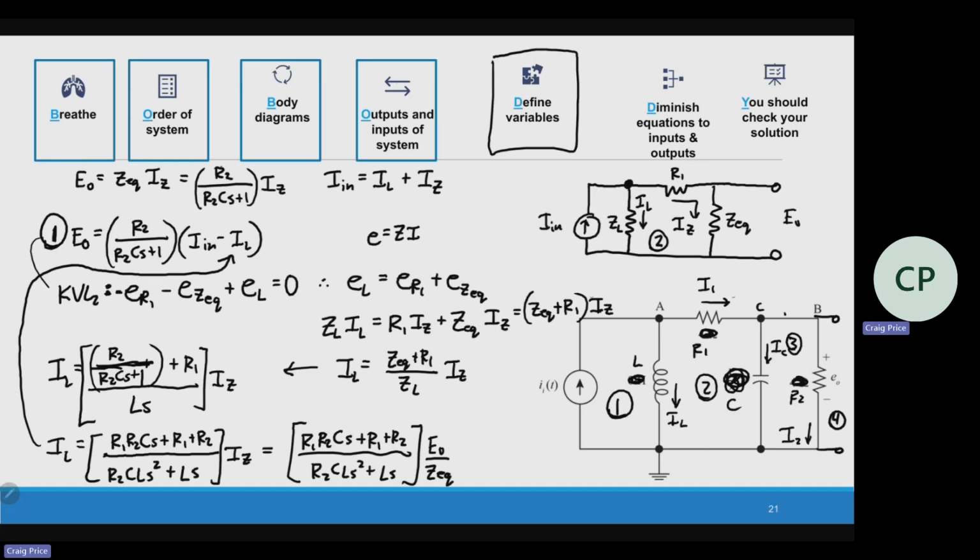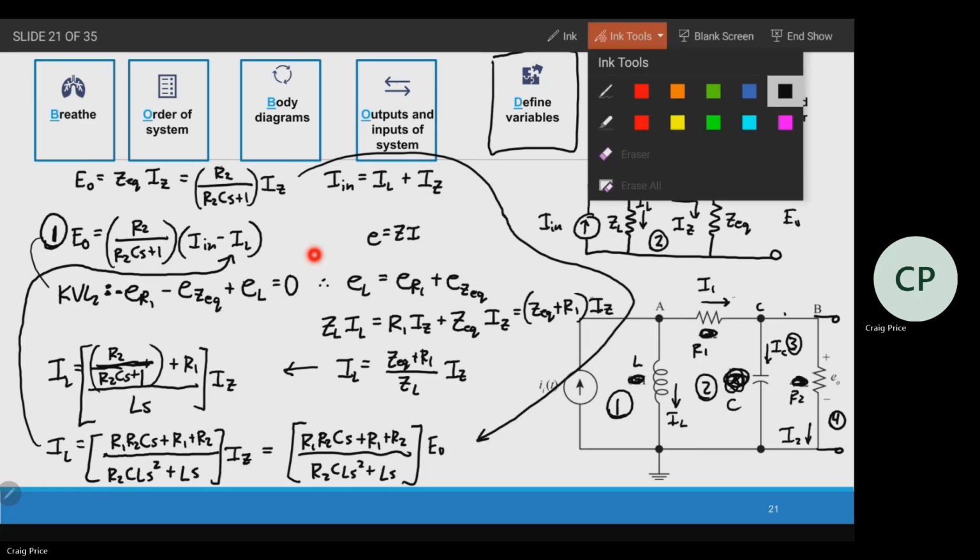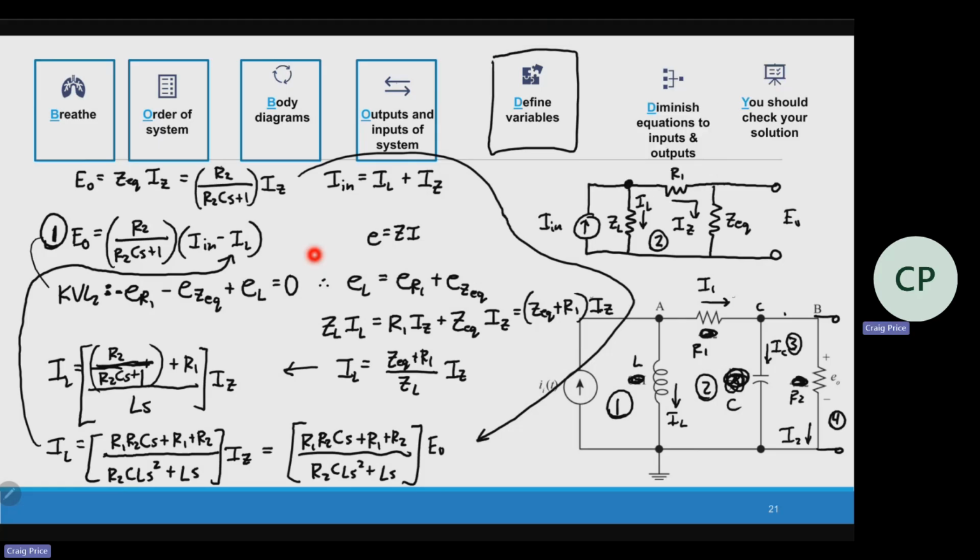So what I can do with this Z equivalent is rearrange this E out over Z equivalent. If I divide both sides, that gives me R2 CS plus 1 over R2.